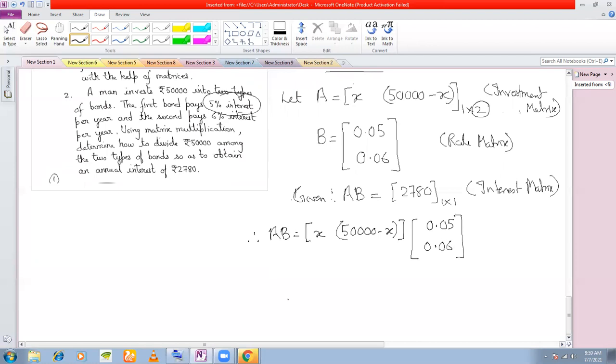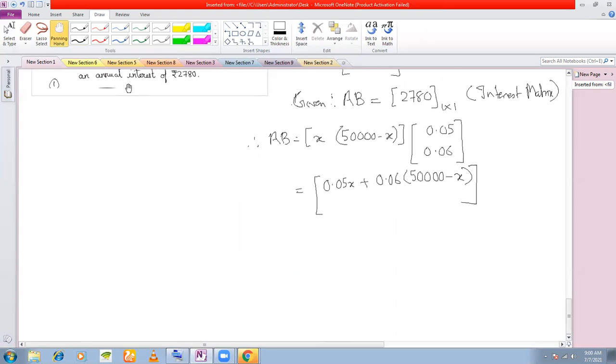So you multiply these two, you will get here 0.05x plus 0.06 times 50,000 minus x. Okay. First row into first column, and that is all you get. Yes, that is all you get. Okay. You can simplify this a little.